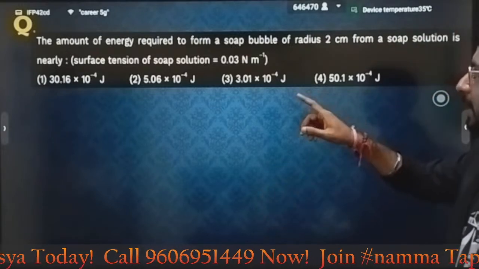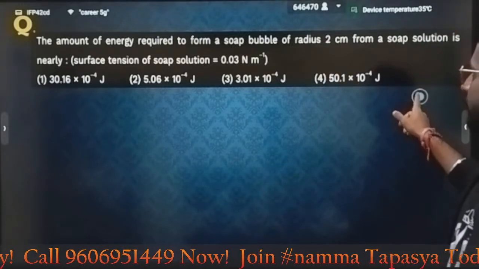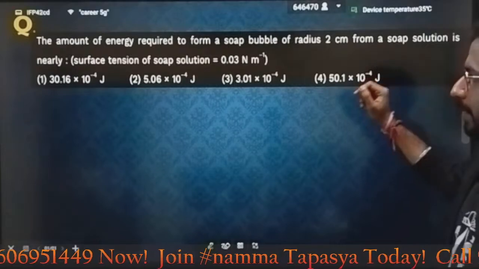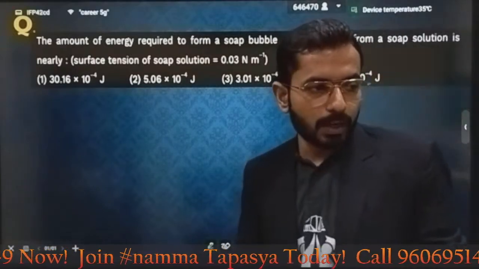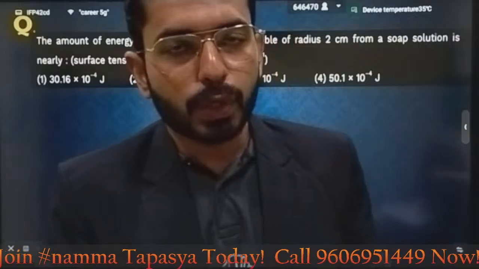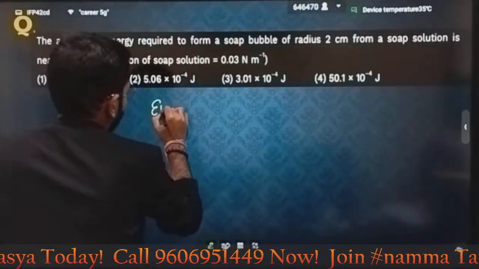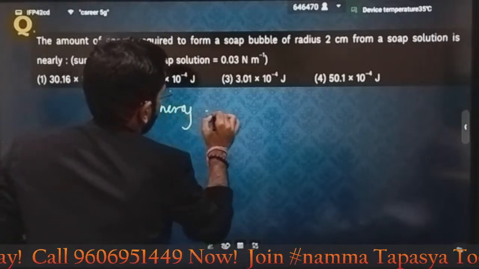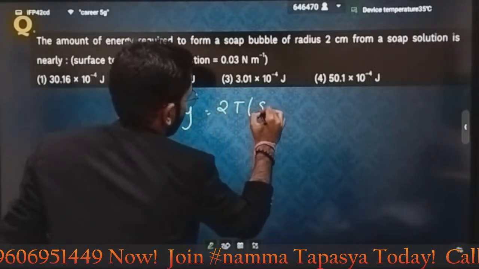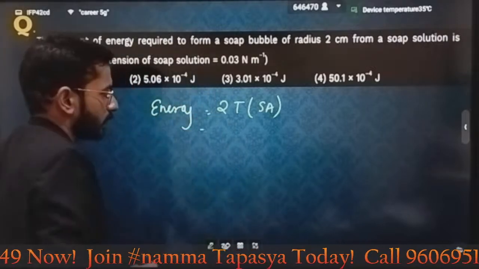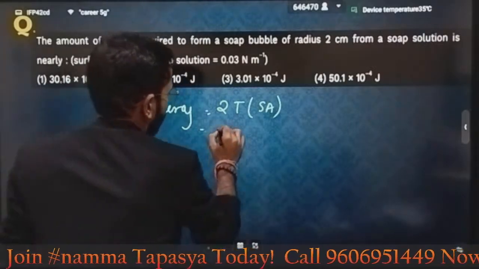The amount of energy required to form a soap bubble of radius 2 centimeter from a soap solution is nearly. So what is the formula of energy for making a soap bubble? I will tell you. It is a surface tension question. 2T into the surface area. Now just put the values.